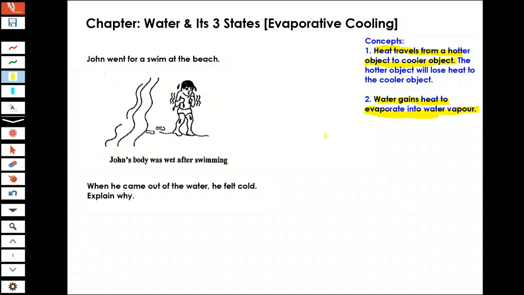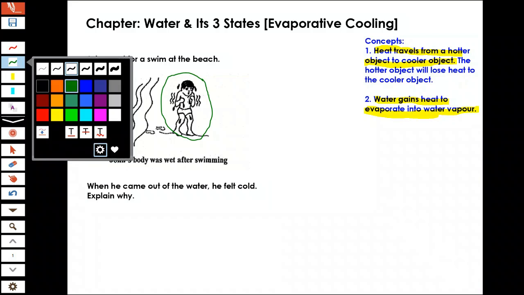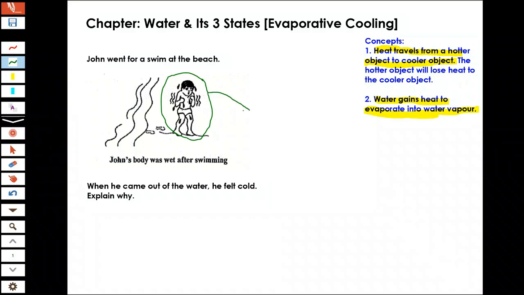Firstly, let's understand what is happening to John. When John went for a swim at the beach, the moment he stepped out of the water, what you can observe is that on his skin there will be water droplets, or moisture, or water. Let's jot down a note.